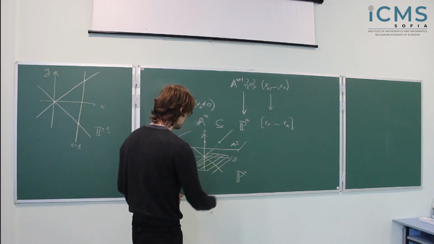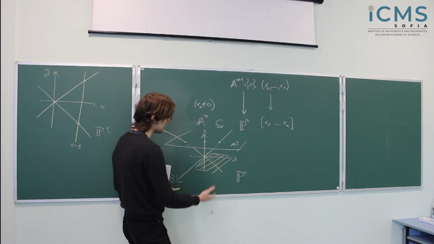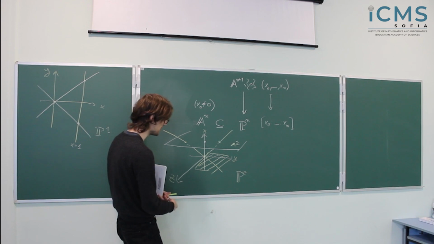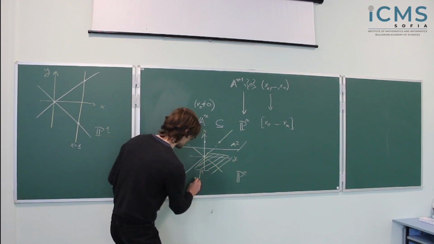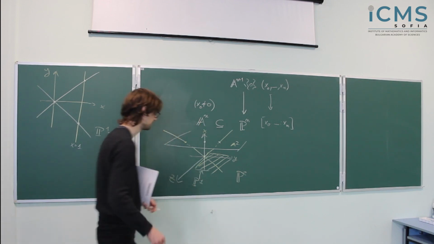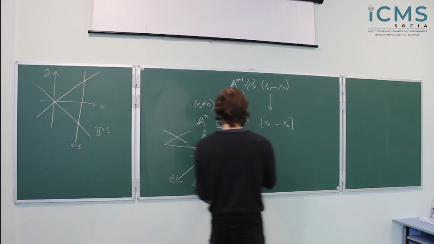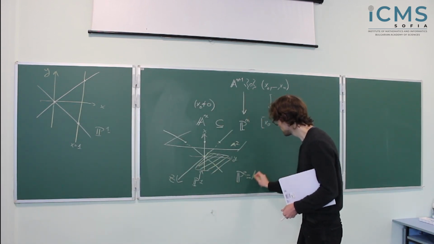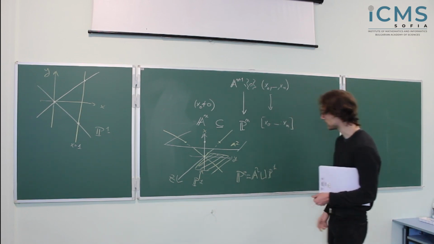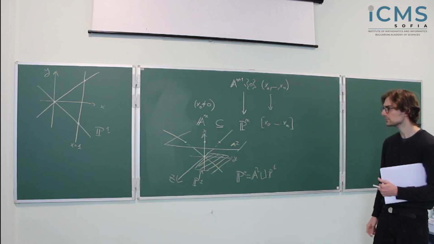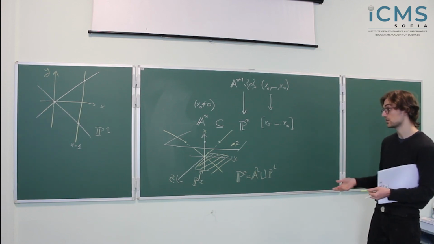And as it turns out, these points will also form something isomorphic to a projective space, which will just be P1. Like that. So you can consider that P2 is just A2 together with P1. Okay. So this is kind of how you do it in differential geometry as well.